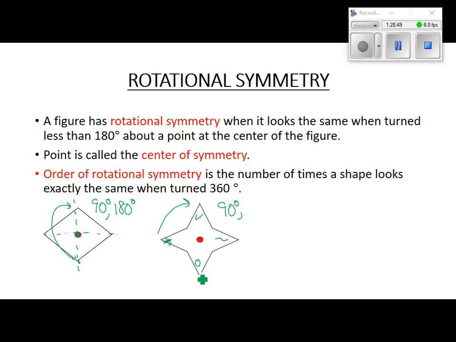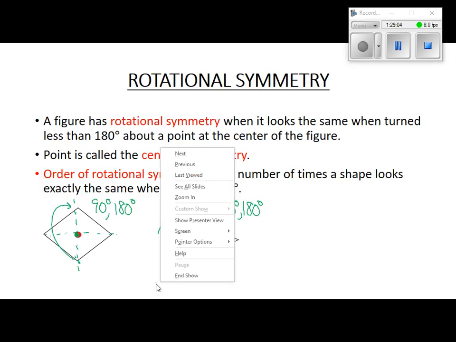We turn it so the O ends up on top, it's going to look the same, so we turned it half a turn, which is 180 degrees. It has rotational symmetry at 90 degrees and 180 degrees.